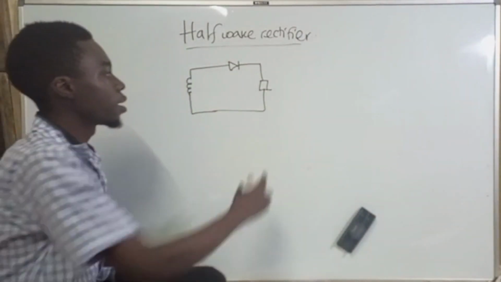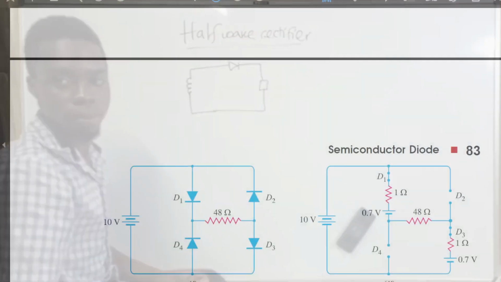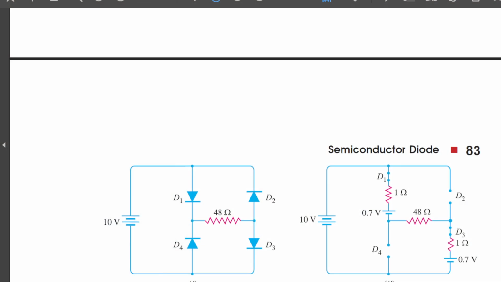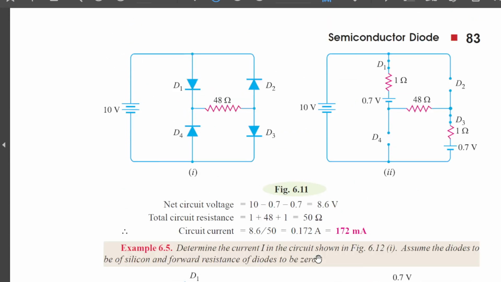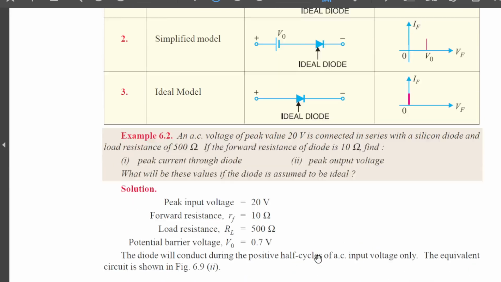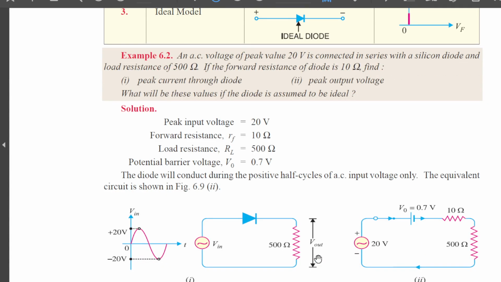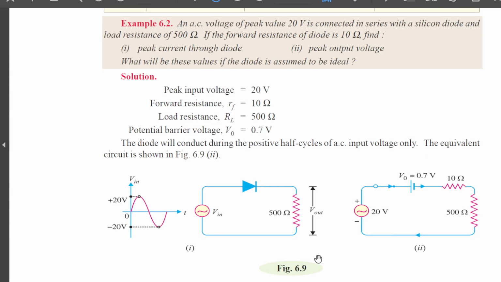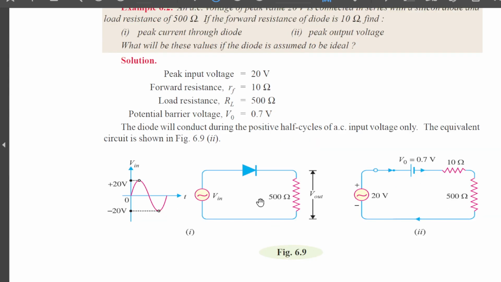So inside the half-wave rectifier, look at the circuit itself. All this is an example of a half-wave rectifier right here, as you can see clearly on that diagram.